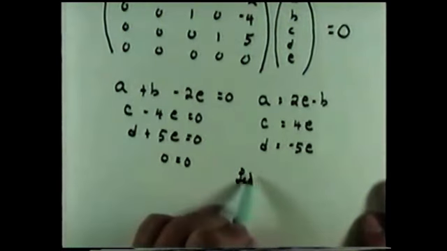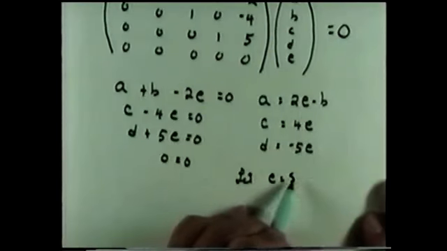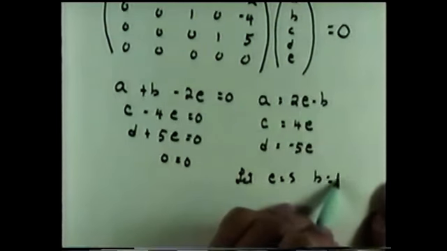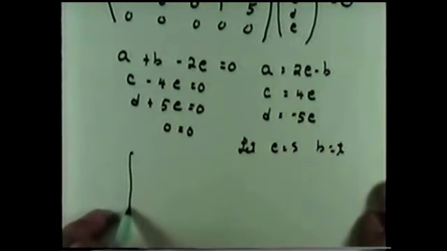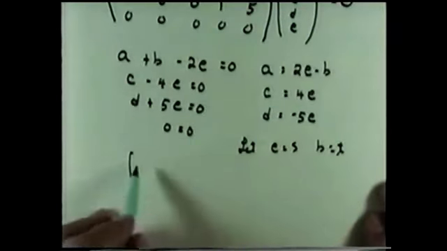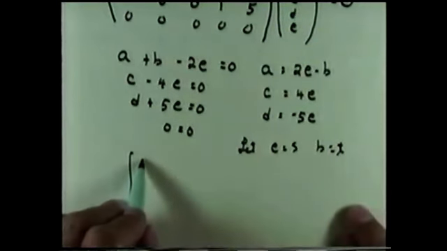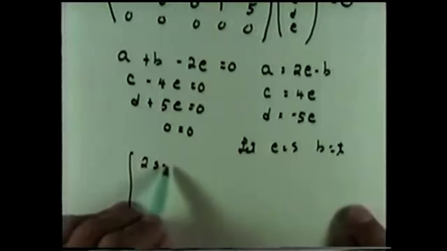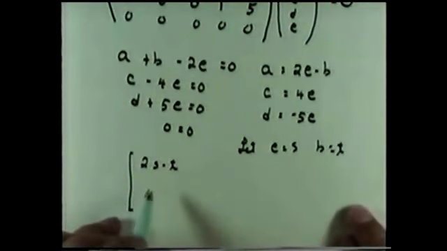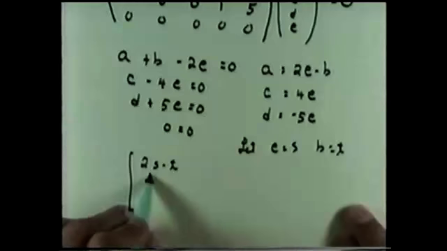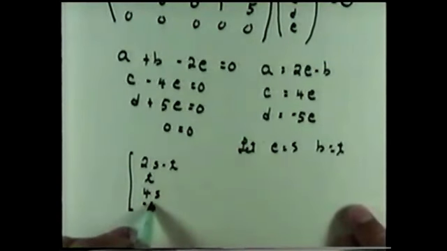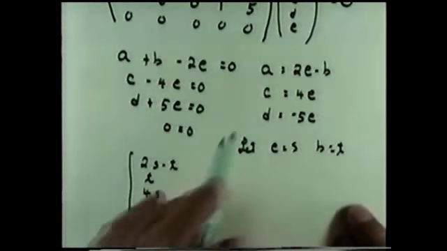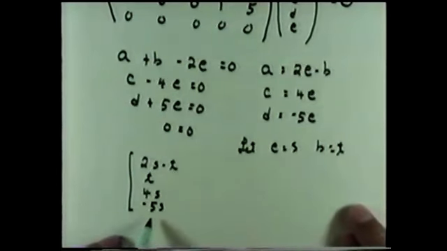Well, if we let e equal s and b equal t, then the form of the vectors is: the a component is 2s minus t, the b component is t, the c component is 4s, the d component is negative 5s, and the e component is s.